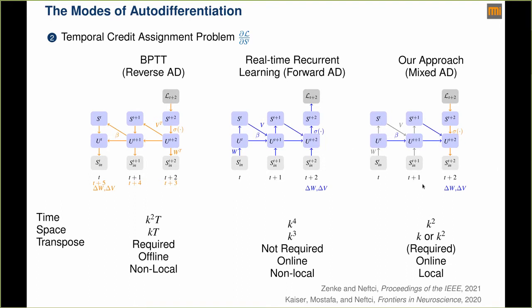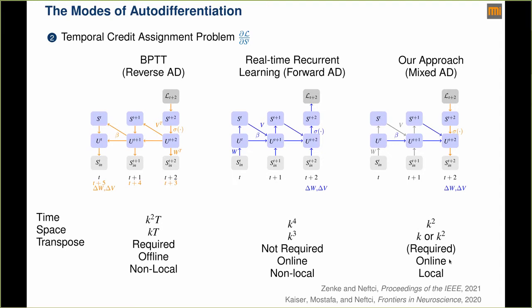The nice feature of this approach is that we pay a smaller price in computation, so the time complexity reduces to k², and space complexity reduces, depending on which neural model you have, to k or k². And this is a huge benefit compared to not only real-time recurrent learning, but if you're in this linear case, it's a huge benefit to backpropagation through time. So the learning is much faster.